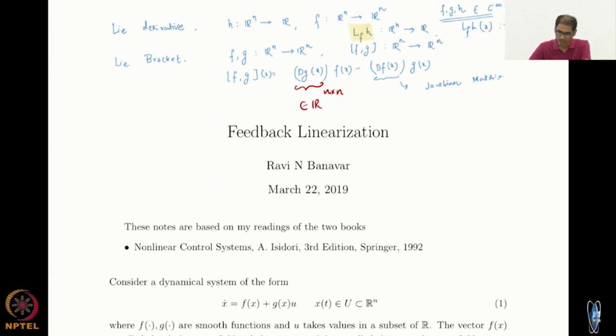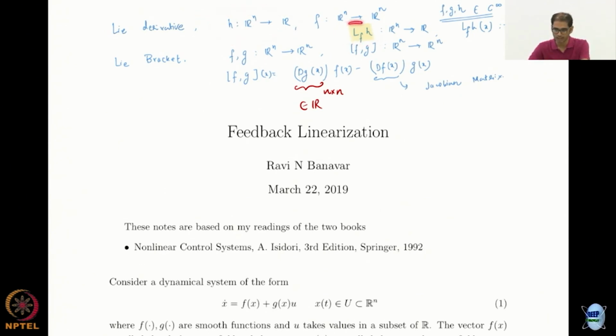Then L_f h, the Lie derivative of h with respect to f, is just the partial of h with respect to x times f. We have already seen this notation when we were talking about the Sontag-Sussmann universal formula and things like that. This notation is pretty standard. And remember, h is a scalar valued function. This notation works only for scalar valued functions.